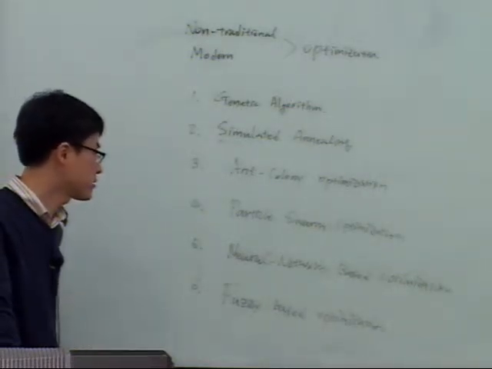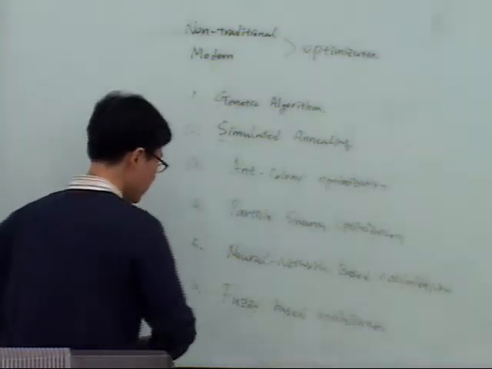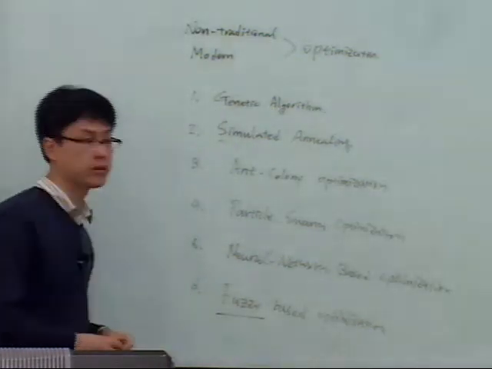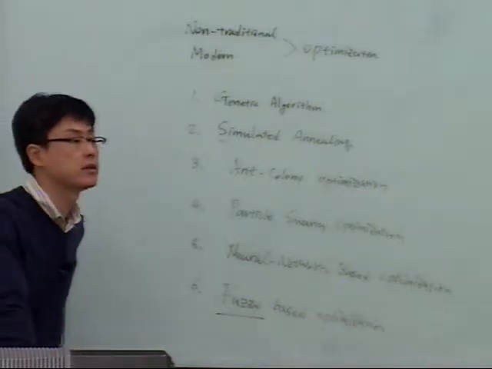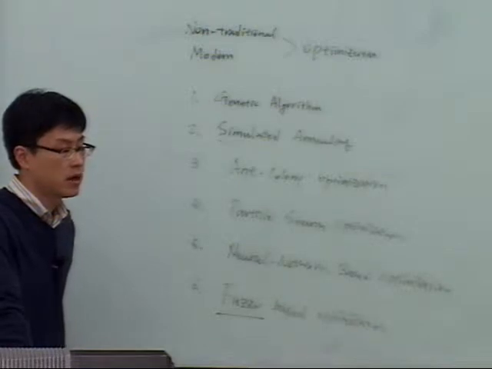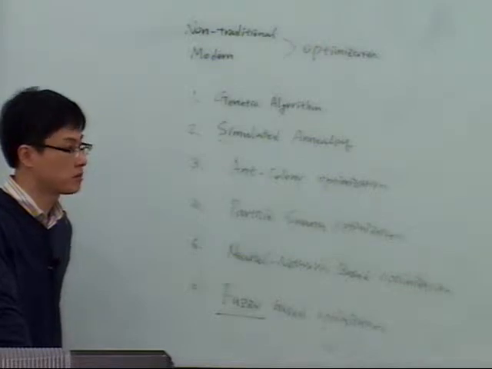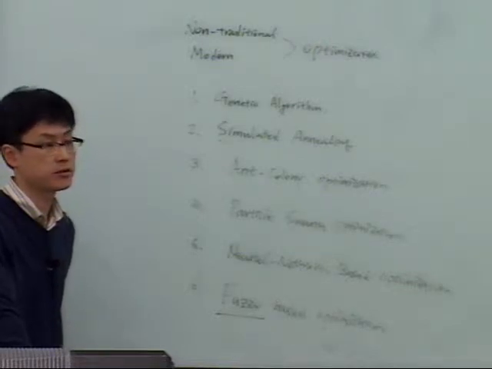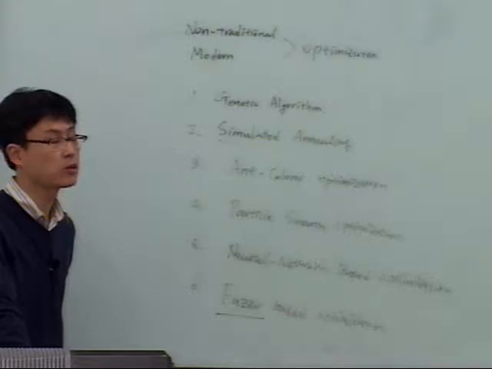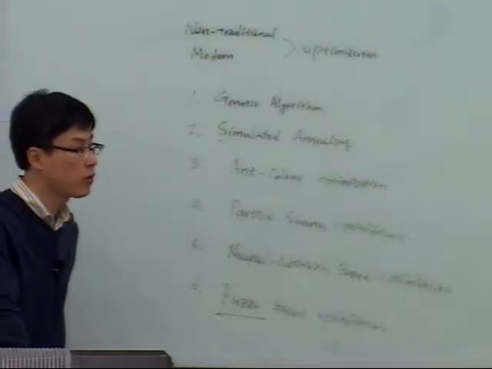And number 6 is the fuzzy-based optimization. It's not like the biological system, but however, I think this term is very famous nowadays. Sometimes it is not even possible to formulate your problem mathematically. Sometimes your design requirement or objective function is only given in linguistic form.